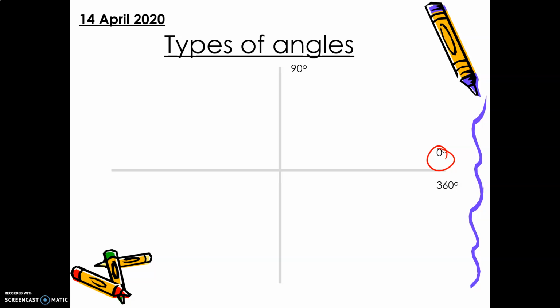Now, depending on the size of each angle, we have different types. So anything that is between 0 and 90 we call an acute angle.